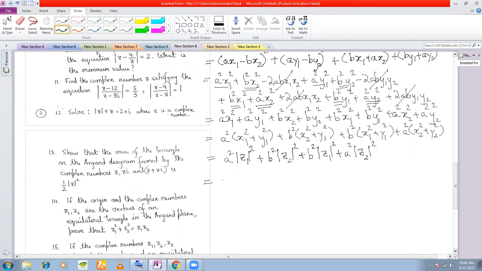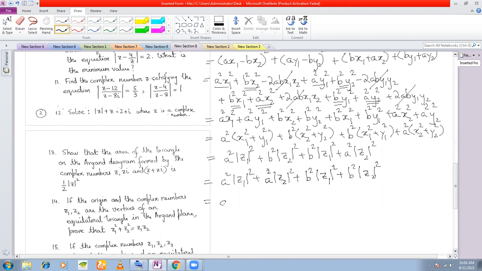Now you see, take the first and the last one together: a square mod z1 square plus a square mod z2 square, plus b square mod z1 square plus b square mod z2 square.